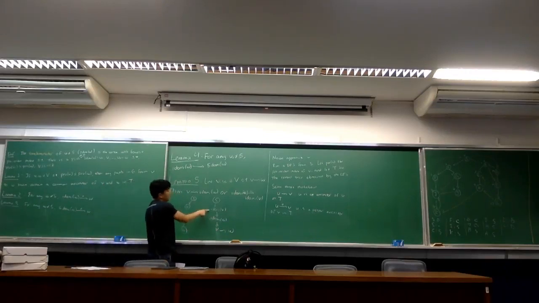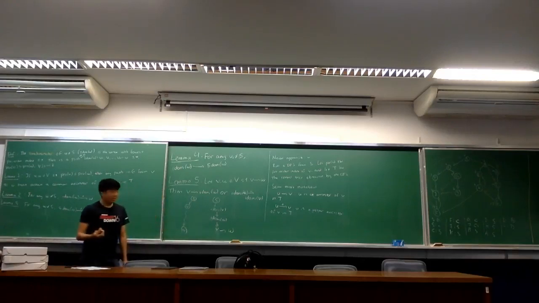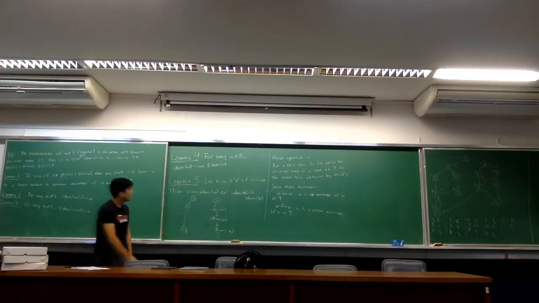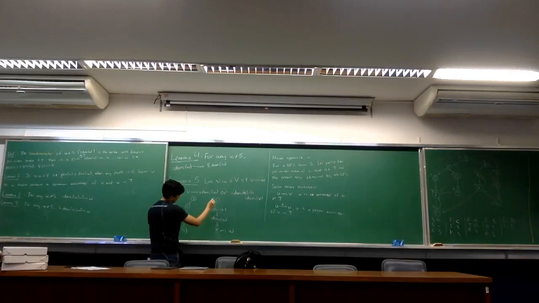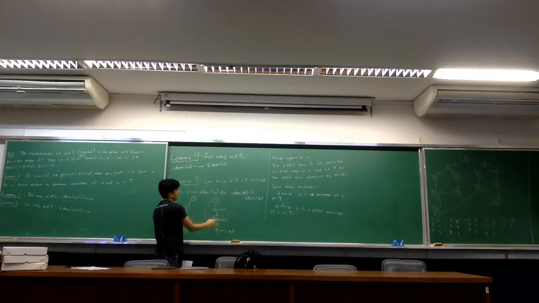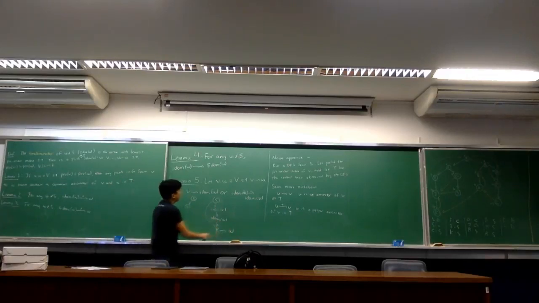Because it doesn't dominate the immediate dominator of V. There's a path from S to V that does not go through the immediate dominator of V. So this guy cannot dominate V. Now if you just continue this path from V to W, you will get a path from S to W that avoids the immediate dominator of W. So this cannot happen, and as a consequence, either this or this must be true.